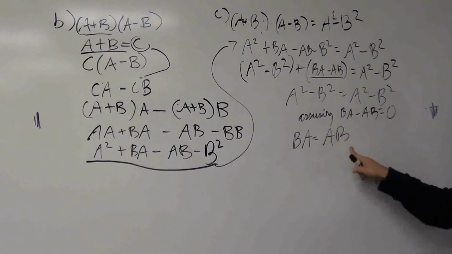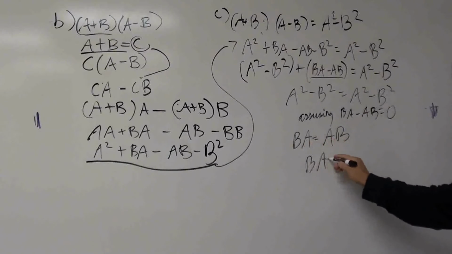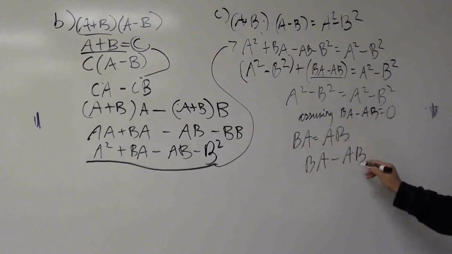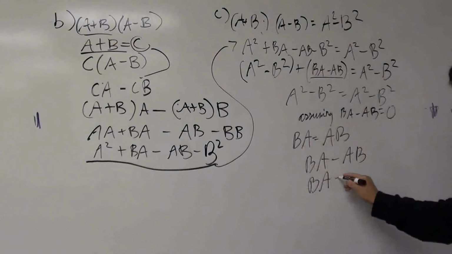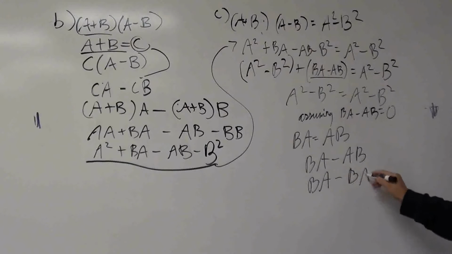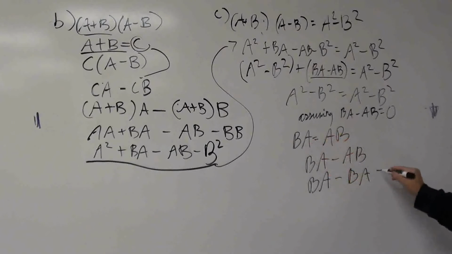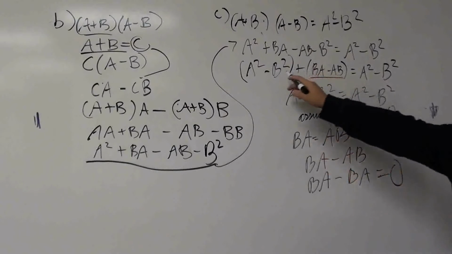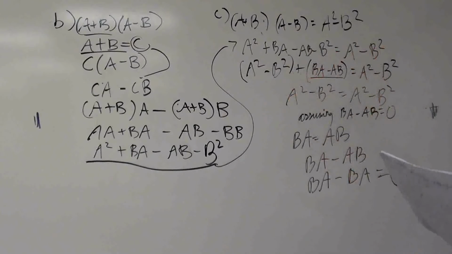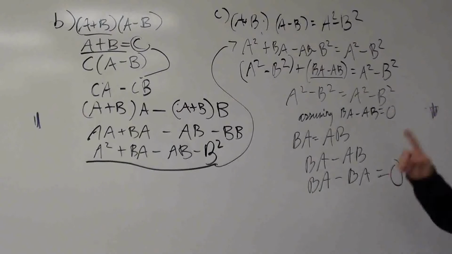If they are commutable, then BA minus AB is the same thing as BA minus BA, because order doesn't matter. That will become 0. So that expression we've been working on back in A would work when A and B are commutable.